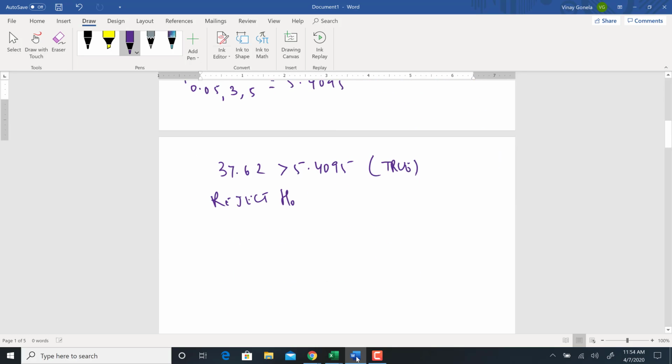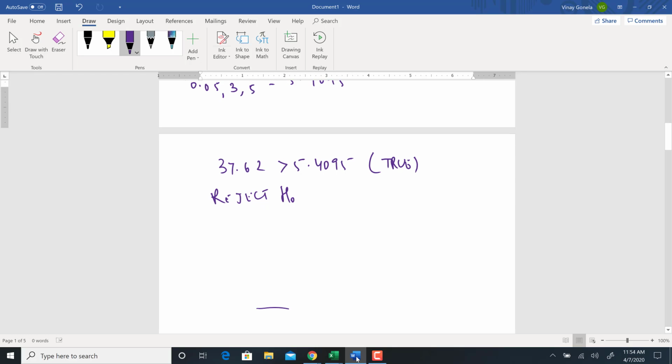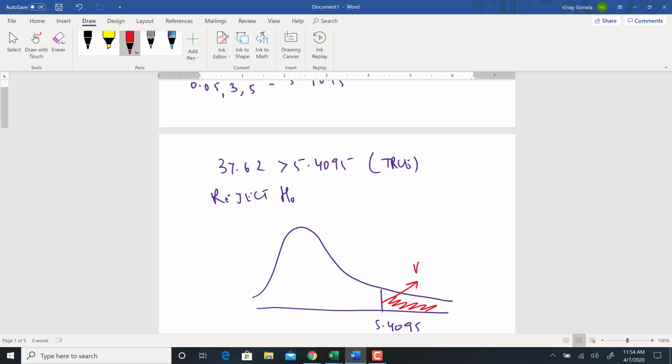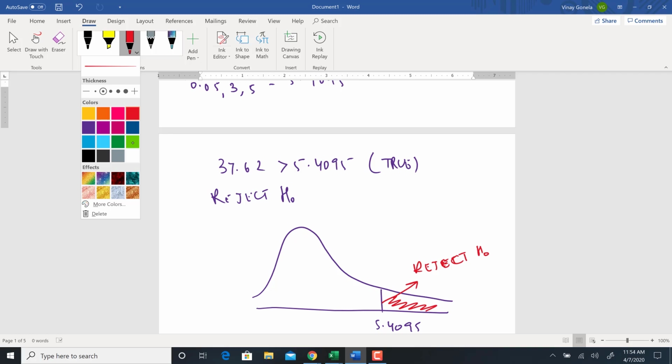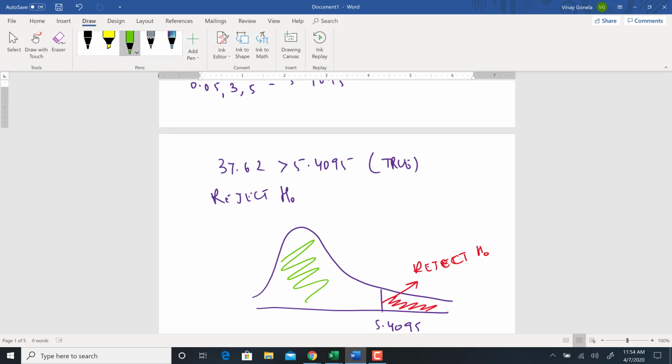One of the ways we look at it is that the F table looks something like this, and this is 5.4095, and this is the rejection region, reject H null, and this will be the do not reject H null region.